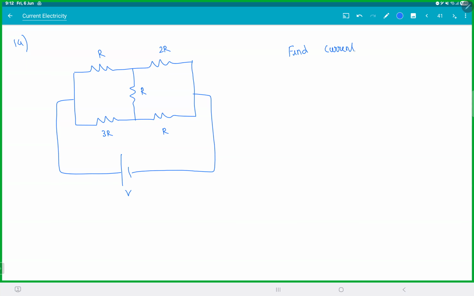This is an unbalanced Wheatstone bridge. Remember, again the same thing: you start at any point as 0 and try to find the rest and get the variables. Try, you'll get 3-4 minutes. The numbers are bad. It's the exact same question we did in capacitors, where it was C, 2C, 3C, and C.